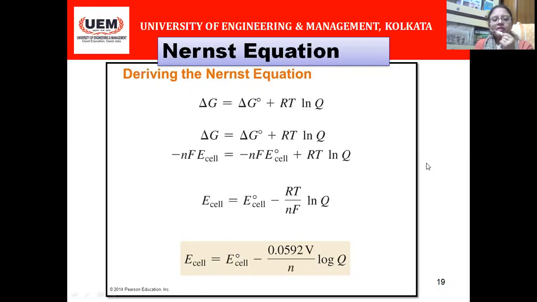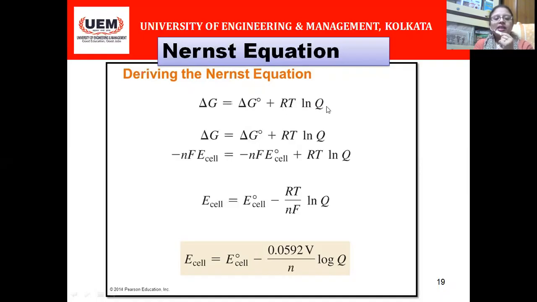There is a simple derivation of the Nernst equation. First, this equation: delta G is equal to delta G naught plus RT ln Q. So tell me, what is the delta G term? In our thermodynamics we have already heard the term delta G. Delta G is called Gibbs free energy and delta G naught is the Gibbs free energy at standard condition.